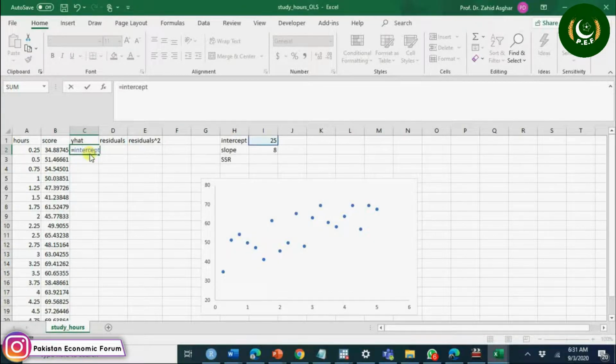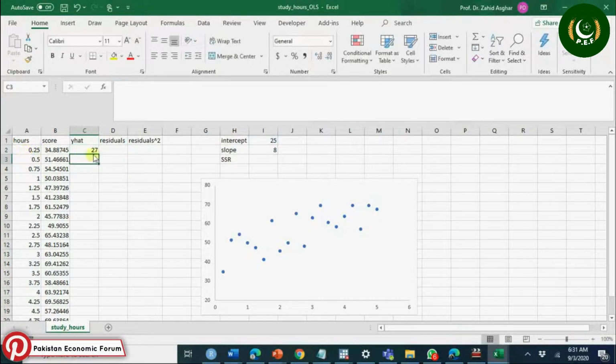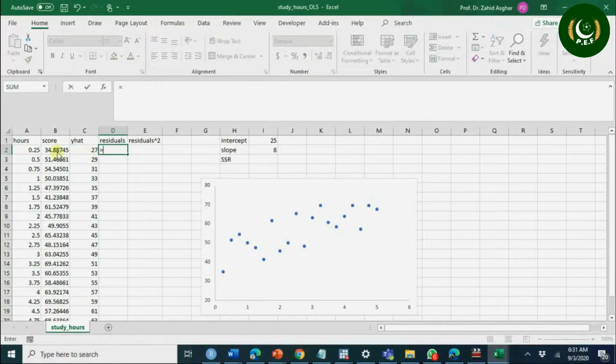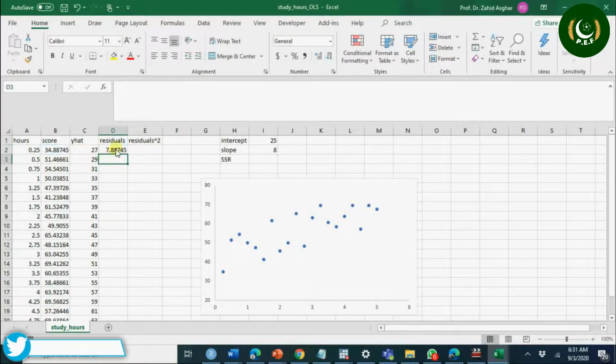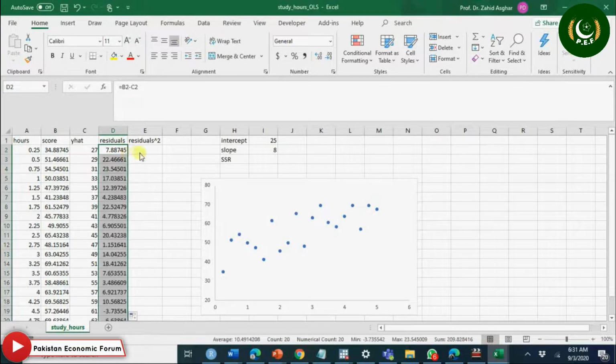This is my intercept plus slope times x, that is your y hat. y hat is equal to beta naught hat plus beta 1 hat x. What is your residual? Residual is the difference between y minus y hat. That is your residual. We need the sum of residuals.